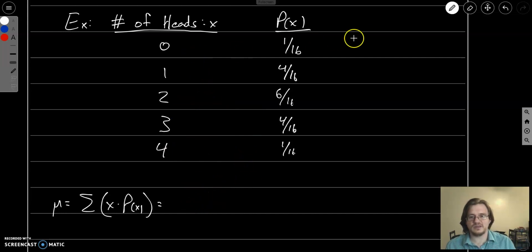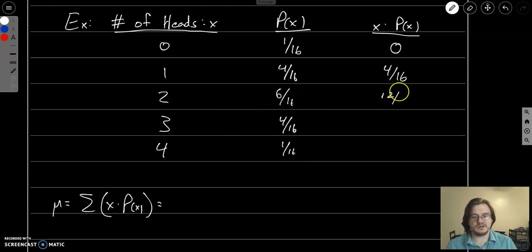So we will have x times the probability that x occurs. So x here is 0 times 1/16. Well, that's 0. 1 times 4/16. Anything times 1 is just itself. 2 times 6/16. That'll be 12/16. 3 times 4/16.